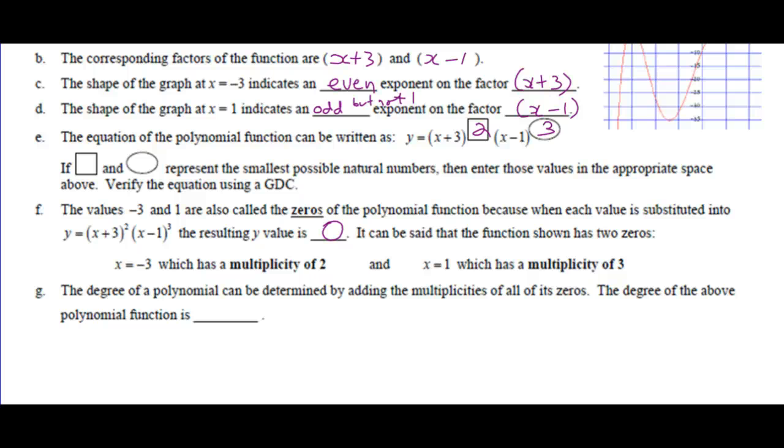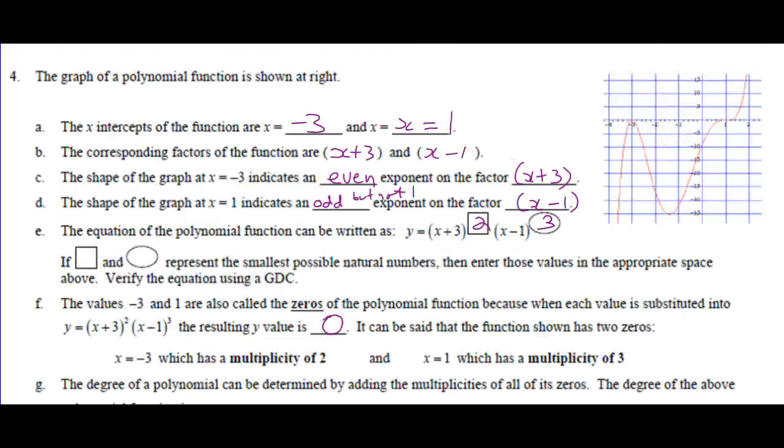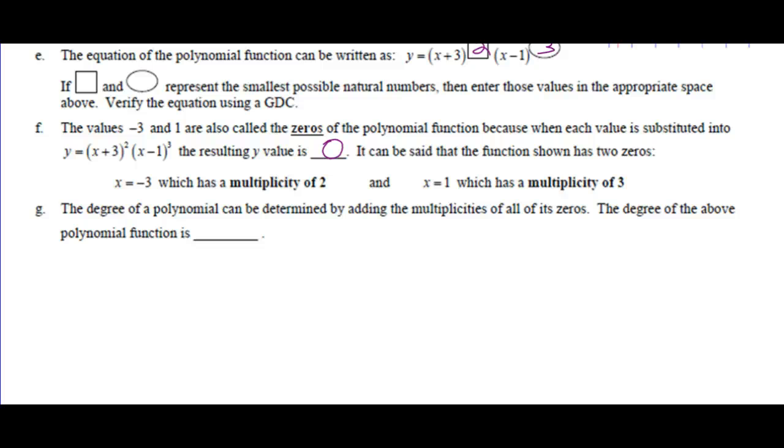They're the values of x that make y equal to 0. They are the x-intercepts of the graph, and they're the roots of the equation. So it can be said that this function has 2 zeros. There are 2 places where the y value will be 0.